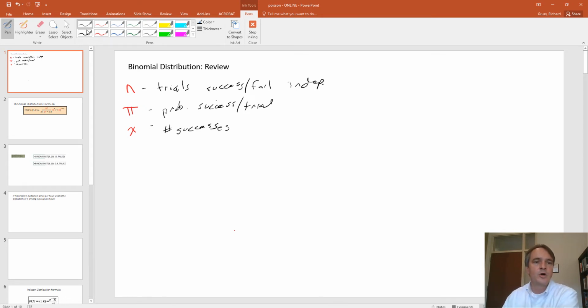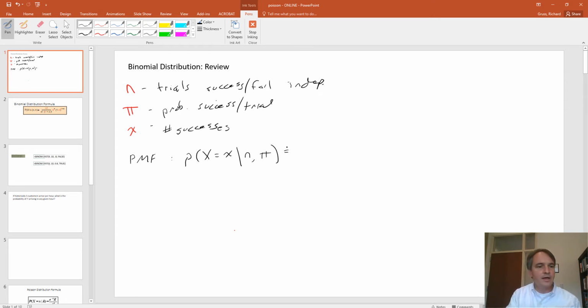Okay, so what the probability mass function for the binomial distribution gives us is the probability that x is going to be equal to this number of successes, given a certain number of trials and a certain probability of success per trial.